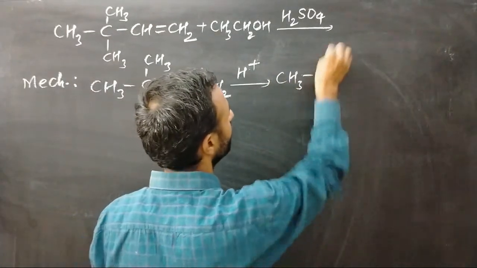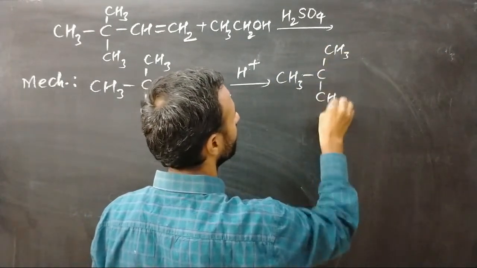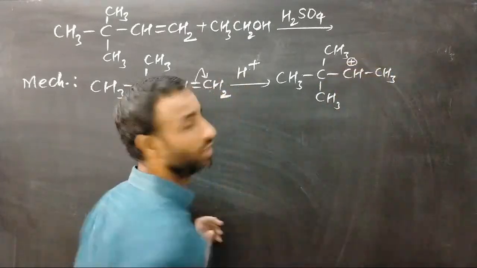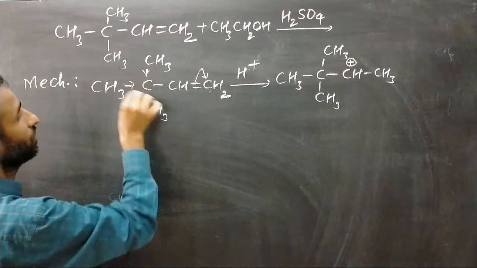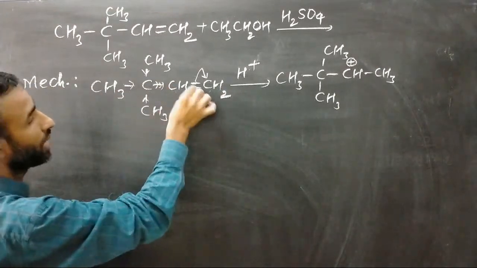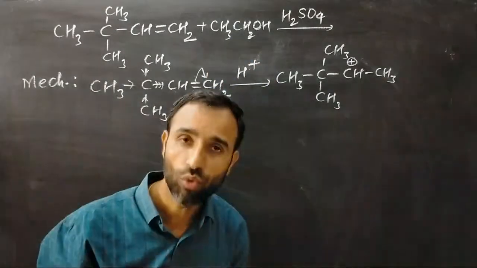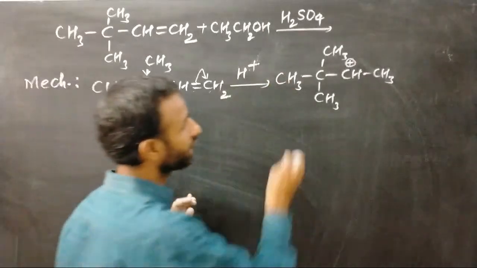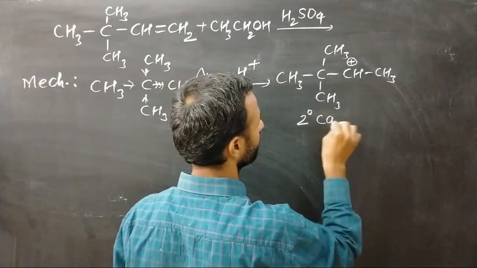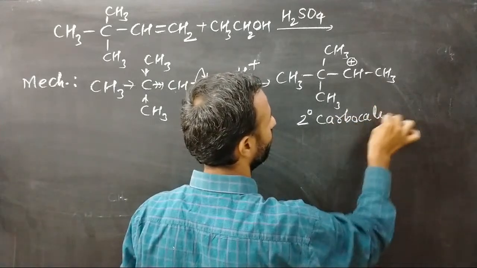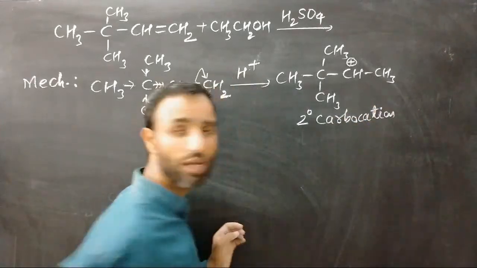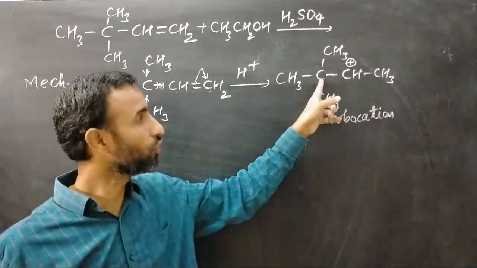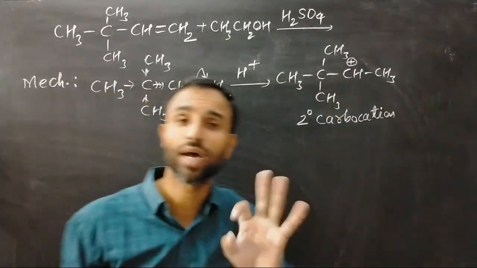So (CH3)3C-CH+-CH3. And you know they are electron releasing groups, so obviously they force the pi electron to shift towards CH2. So CH2 negative gets this H plus, and we get a secondary carbocation. But as we get a secondary carbocation, and in the neighborhood there is a quaternary carbon.